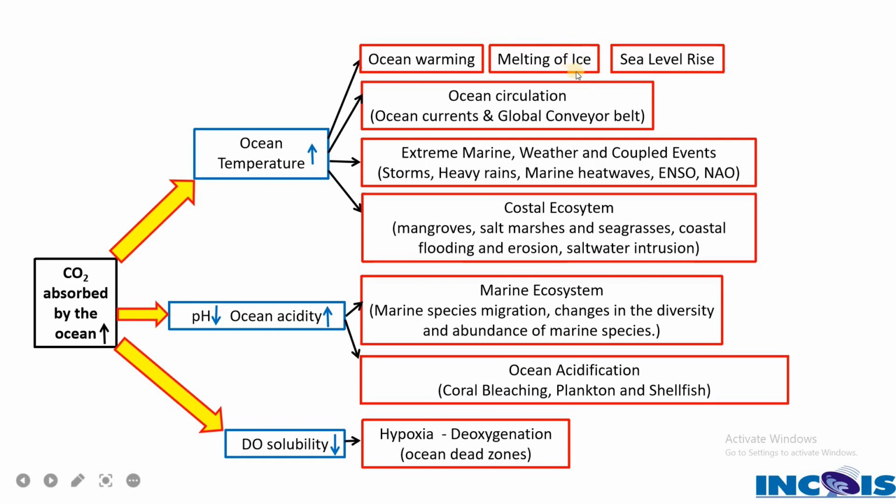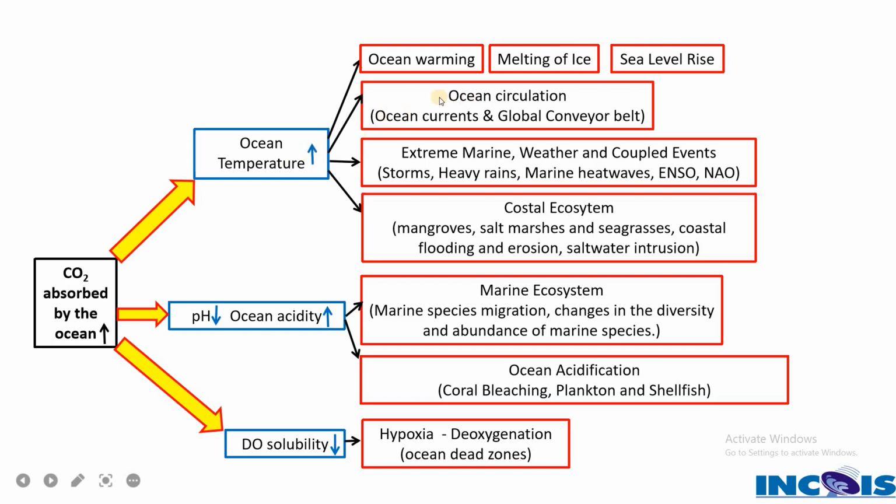That means the ice that we see on land near the poles, like Greenland. When there is a huge amount of melting of ice, the melted water will add up in the sea, and there will obviously be a rise in sea levels. Since an extra amount of water is coming from the melting of ice and adding into the sea, you can see sea level rise.